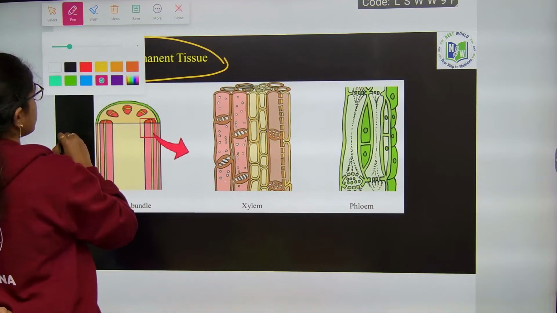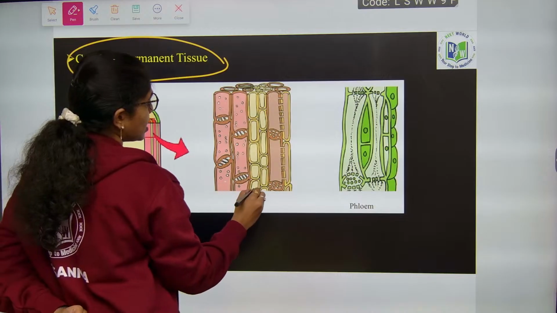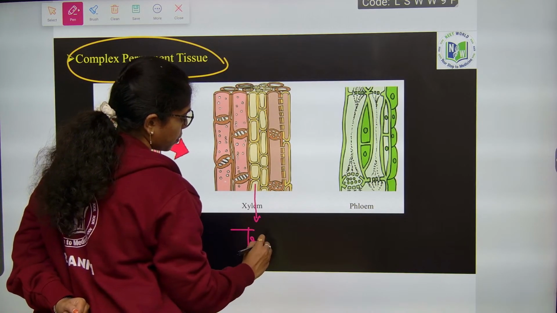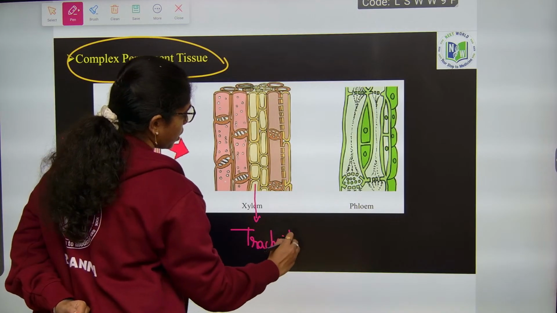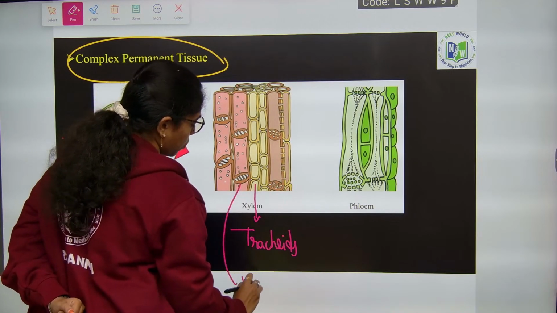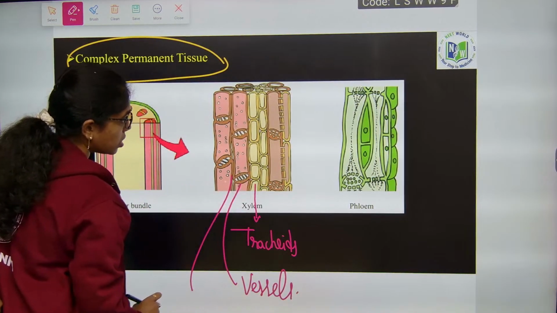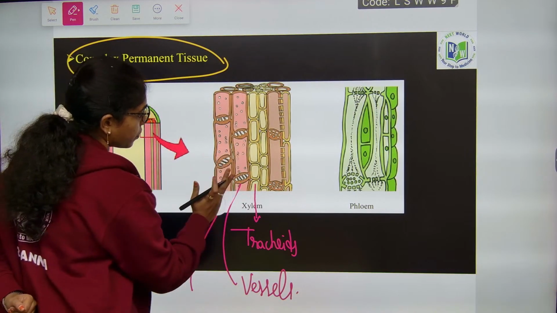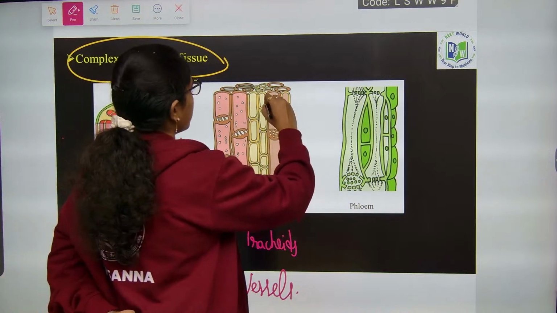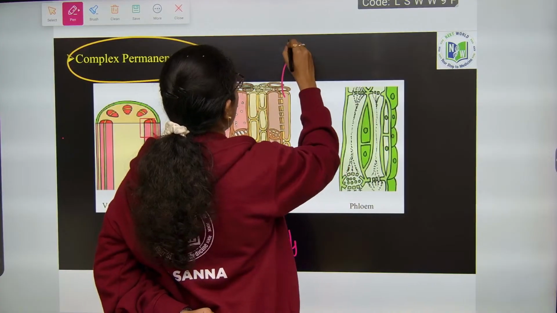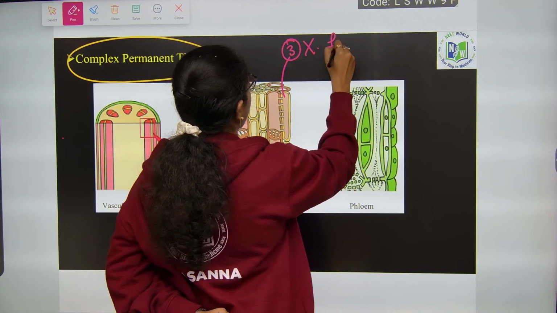First is tracheids, second will be vessels, third and fourth will be xylem fibers and xylem parenchyma.